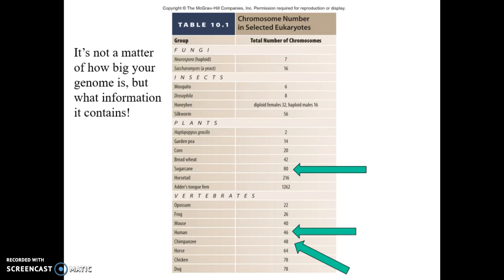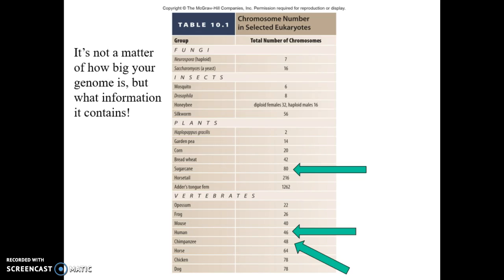So, things to keep in mind about chromosomes. It's not how big your genome is. It's not how many chromosomes you have that make you a better or worse species. It's what information is contained in that. Typically humans would say, oh, we're superior to the frog and the mouse and the possum and the fruit fly because we have more DNA than them.